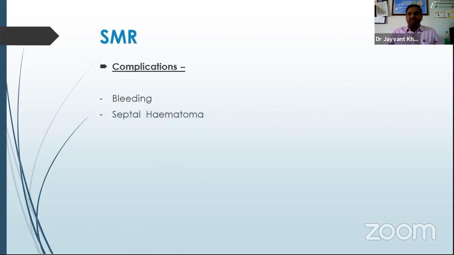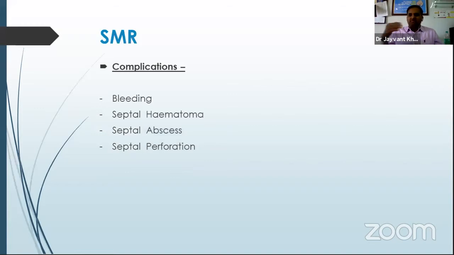Then septal hematoma: if there is bleeding, it will lead to septal hematoma. If septal hematoma is there, it will lead to septal abscess, and if there is septal abscess, it will lead to septal perforation.